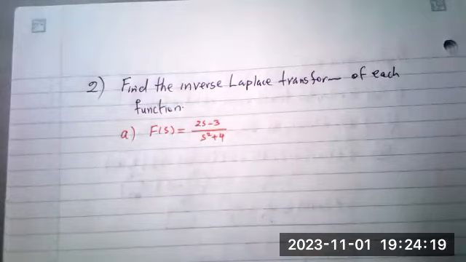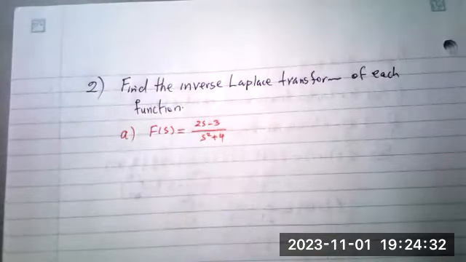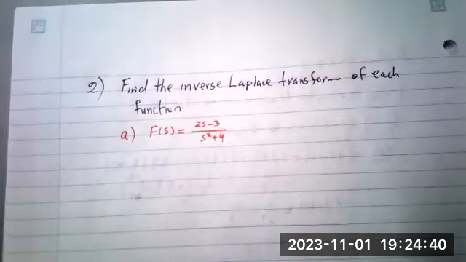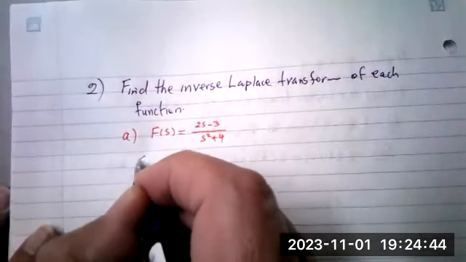So what I'm going to do, we separate it, because s squared plus 4 is not factorable. On the top, if it's s over s squared plus 4, that would be cosine. If there's going to be a number, it would be sine. We have the s and the numbers. So break this one, write it down as fractions.